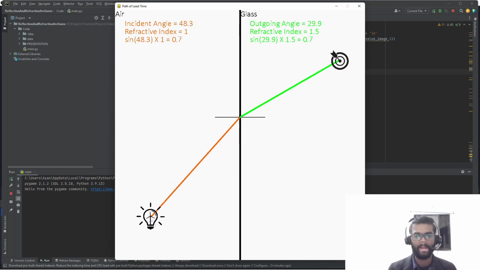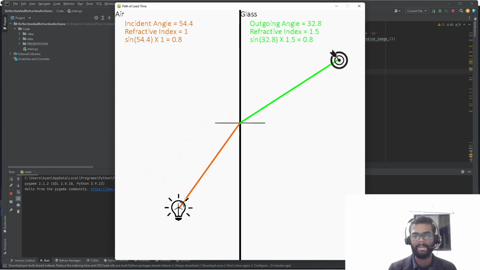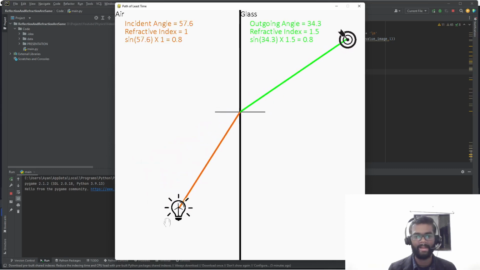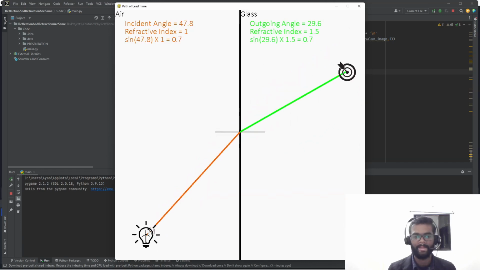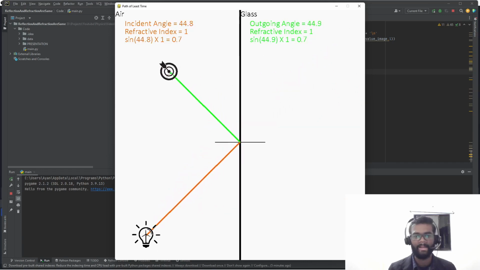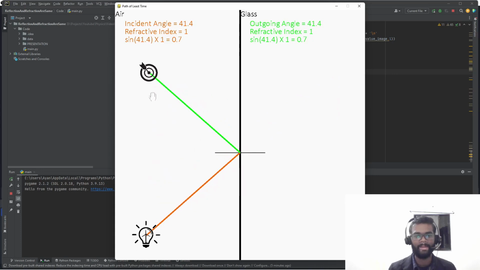Now, how interesting is that? You see, Snell's law is valid at every point. It doesn't matter how I move these objects, Snell's law is always valid. It doesn't even matter if we are in refraction or reflection mode. In reflection, these two angles are equal, so Snell's law becomes valid automatically.